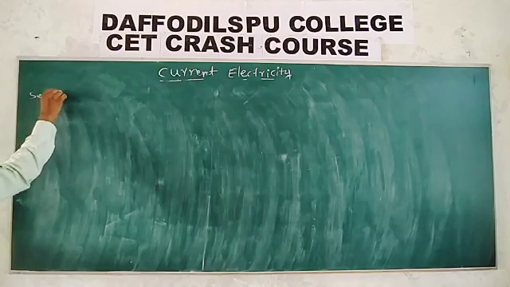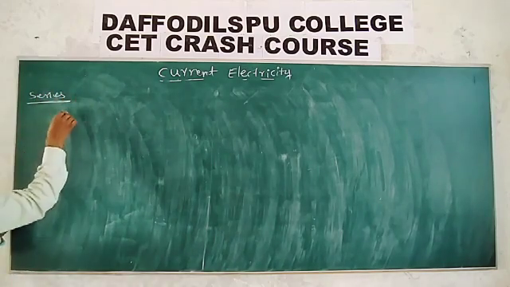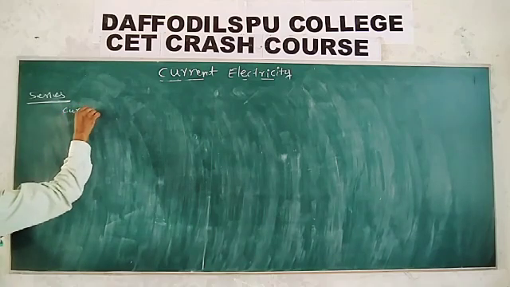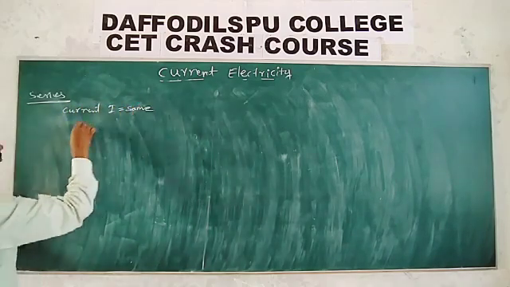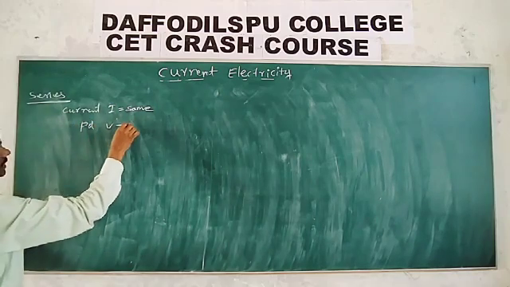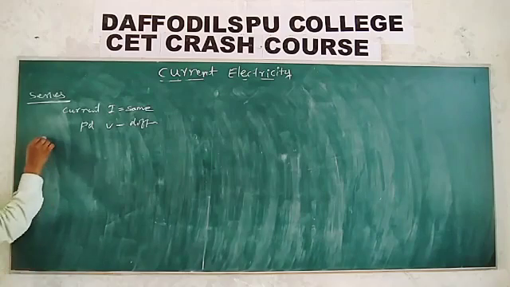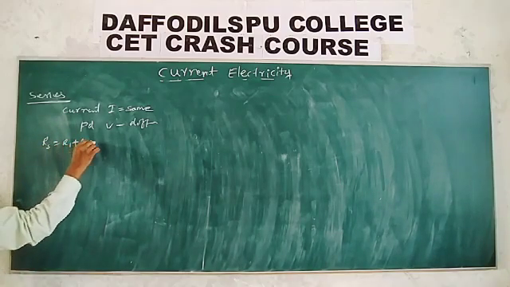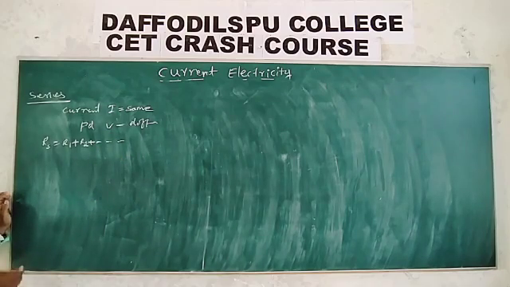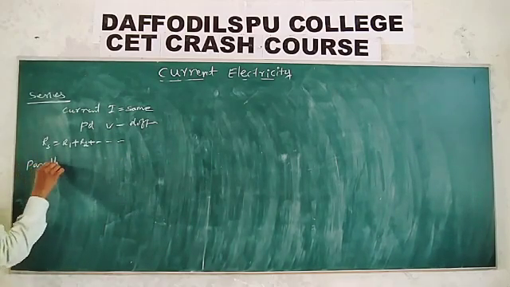When a series combination of resistors is taken, current remains constant, I remains the same, but the potential difference across each resistor will be different. Then what will be the resultant resistance? R is equal to R1 plus R2 plus R3 and so on. Resistances will be added.